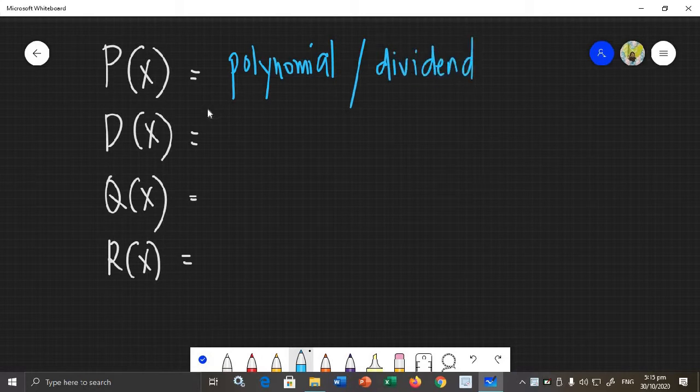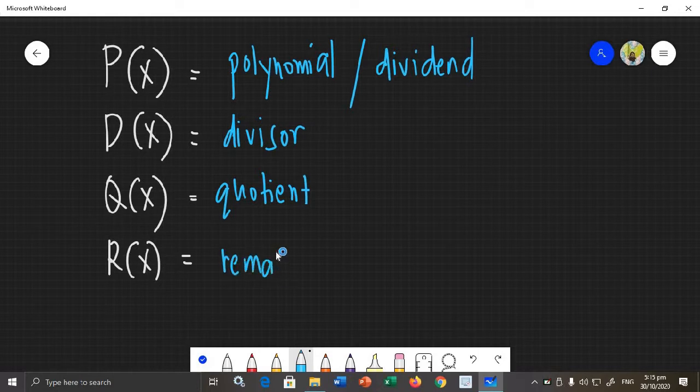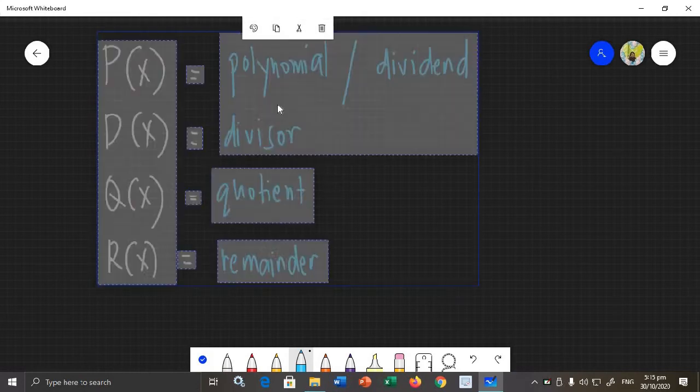D(x) is your divisor. Q(x) is your quotient, or simply your answer in division. R(x) is your remainder. You need to remember these expressions in using the division algorithm.